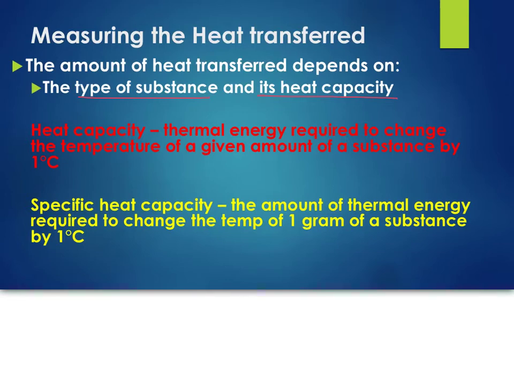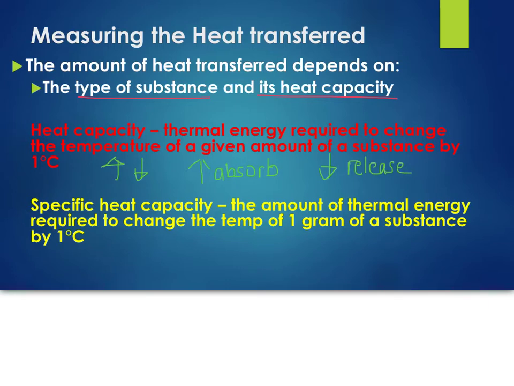Now, we need to be careful. We can cause an increase or a decrease by 1 degree Celsius. If we go to increase, that means it must absorb energy. If it decreases, then it must release energy.